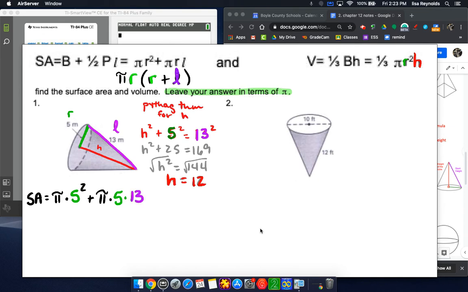When we go to calculate this, we're going to put everything except for the pi into the calculator. So we have a common value of pi, and we're going to calculate everything else.